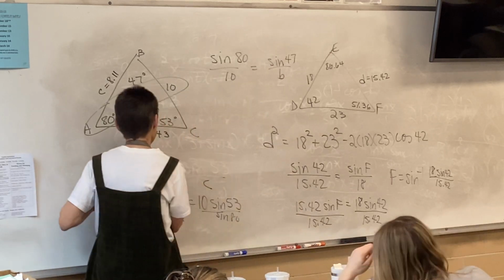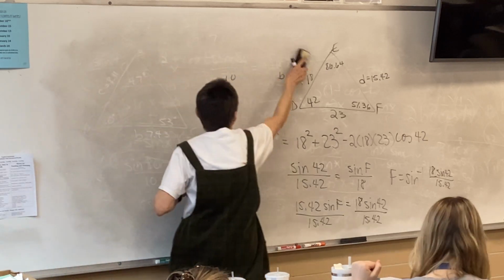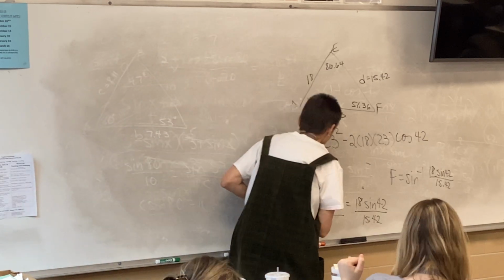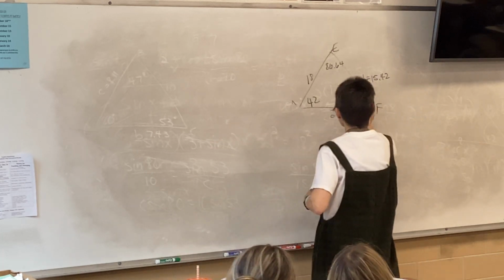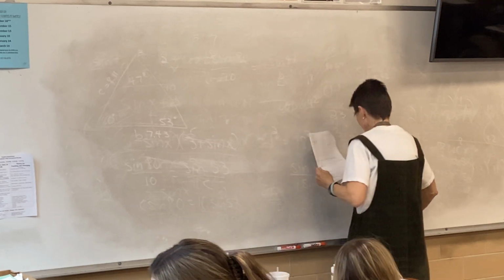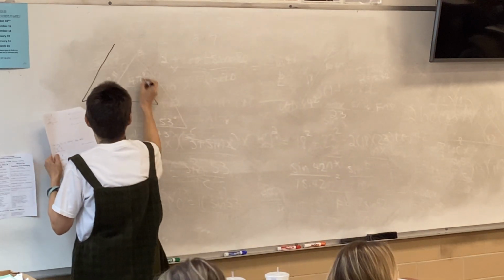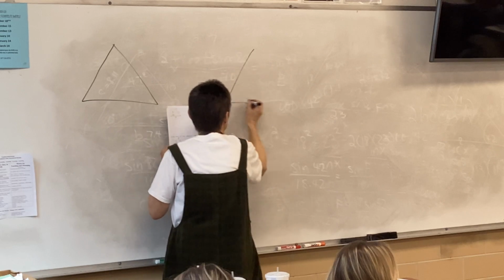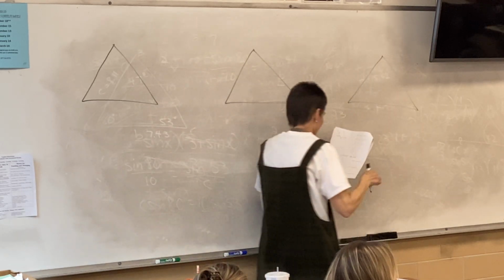All right, number 3. How many triangles are possible? Well, what are our possible answers? 0, 1, or 2. All right, so here we go.